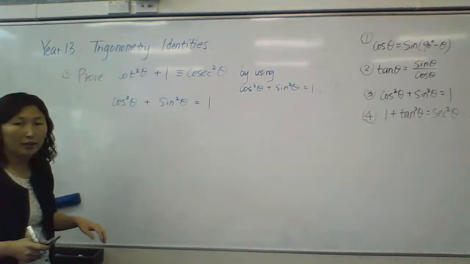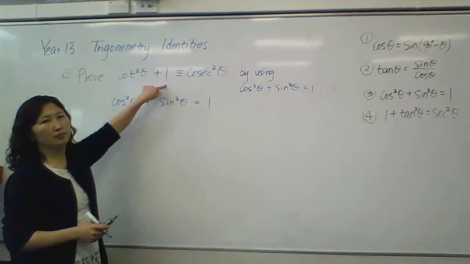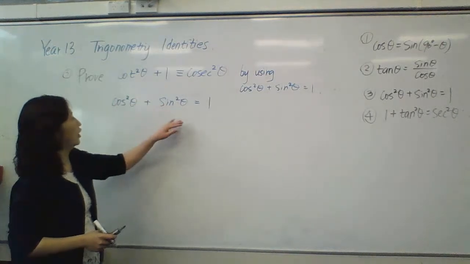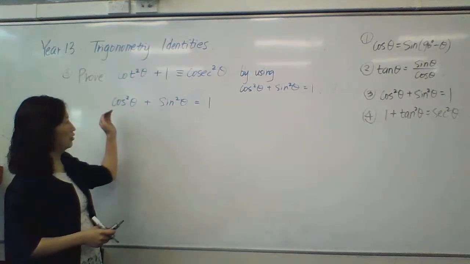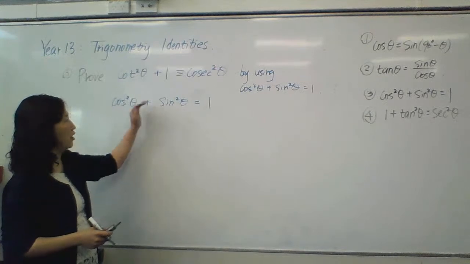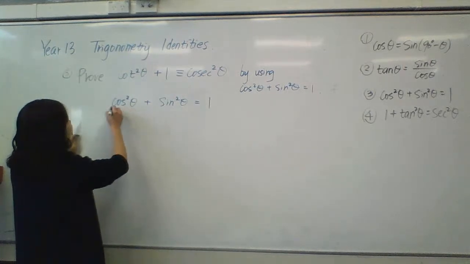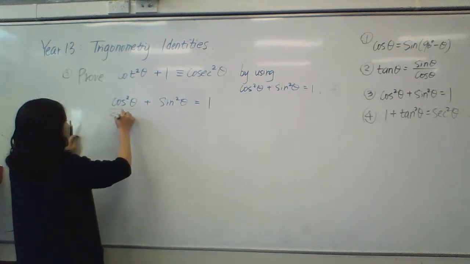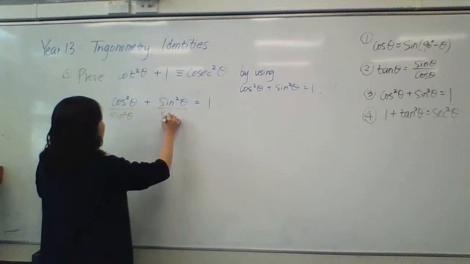Okay, this is where I can start. I want to have 1 here. So what can I do to get 1? Probably I can divide by sine theta squared on every single term. So that will be sine theta squared divided by sine theta squared.